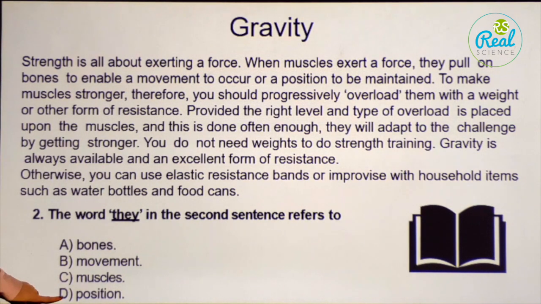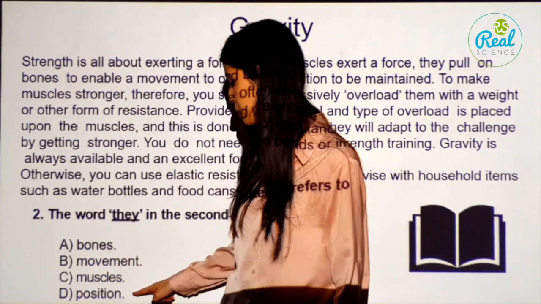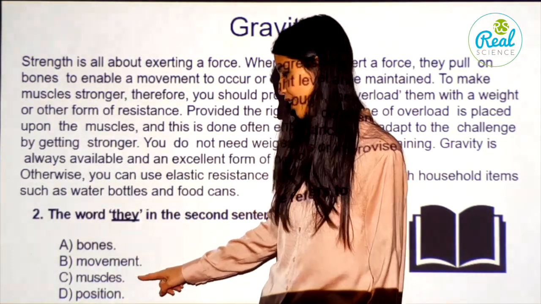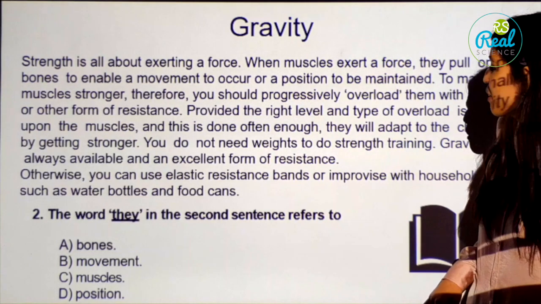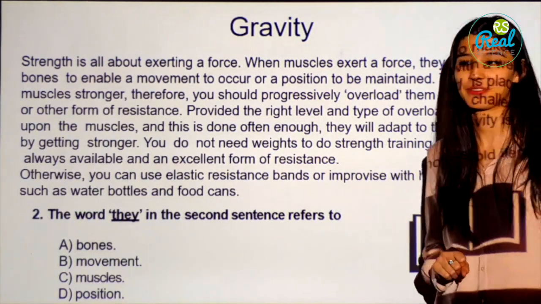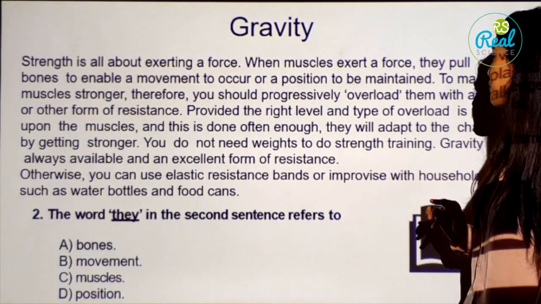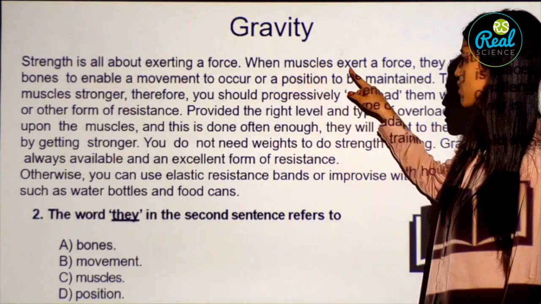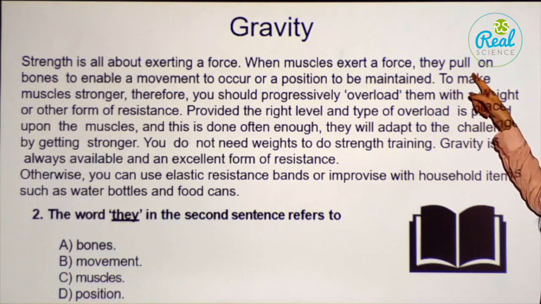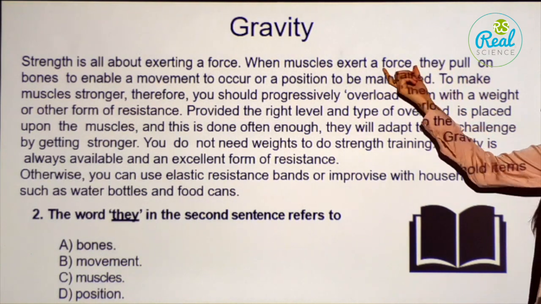C. If you are telling me the answer D, please leave the lesson. If you are saying the answer is C, that's perfect. How do we know that it is C? Muscles. Just read the second sentence first. When muscles, they pull.